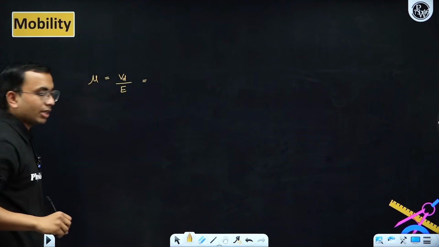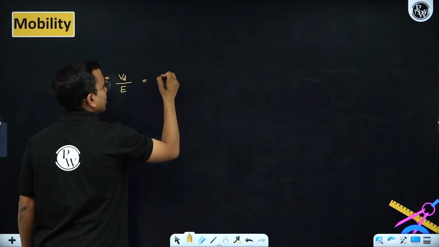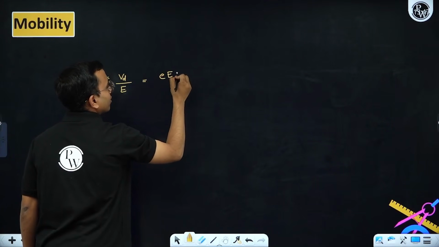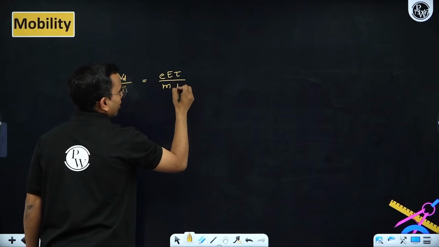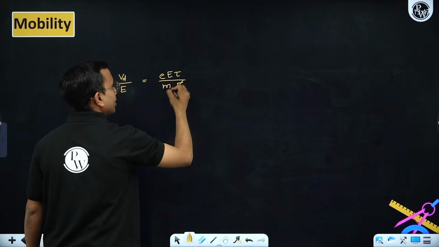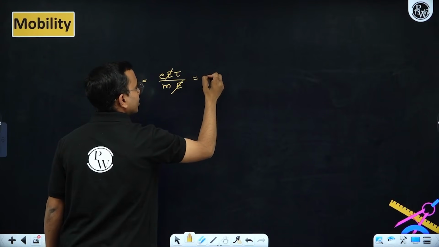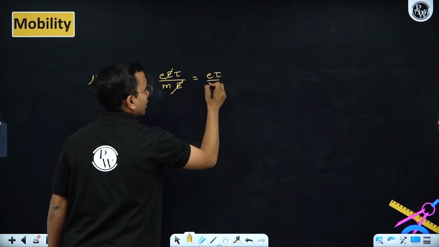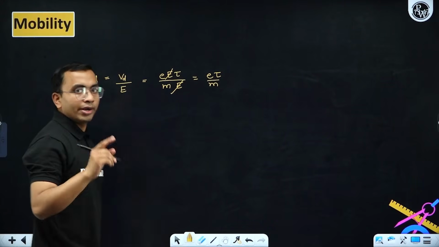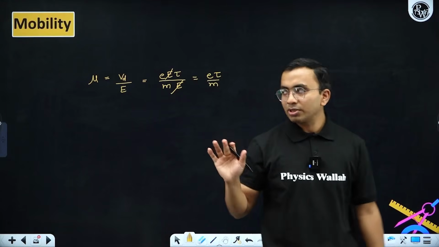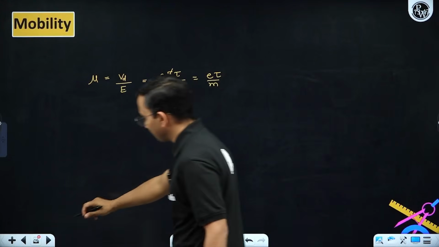If I relate with electric field, we know the formula, that is E into tau, the relaxation time, divided by M, by E. Here E is getting cancelled and this is E into tau by M. M is mass of electron, E is charge of electron, tau is our relaxation time. This becomes my electron mobility.